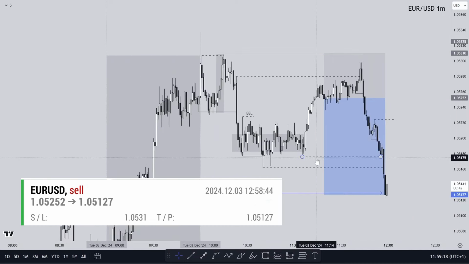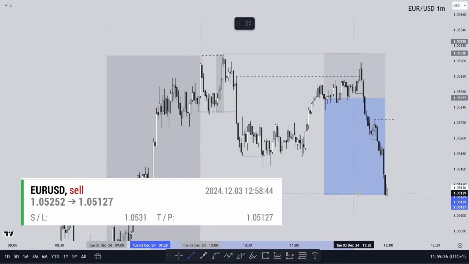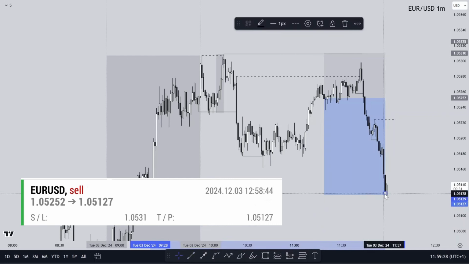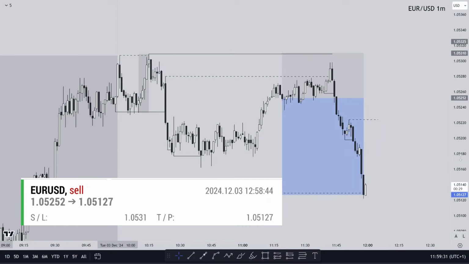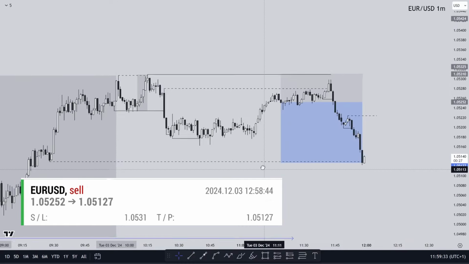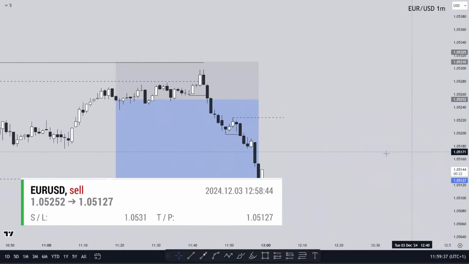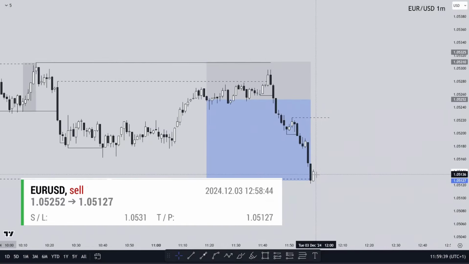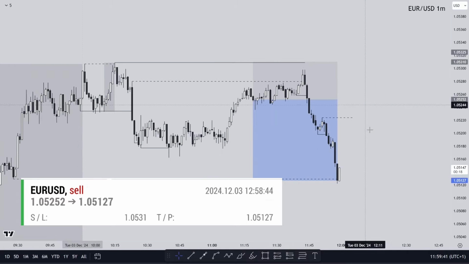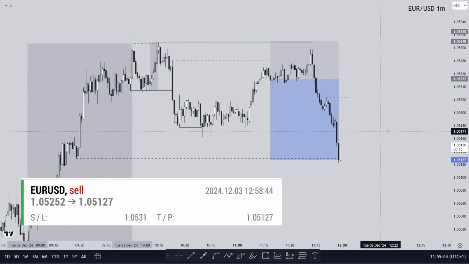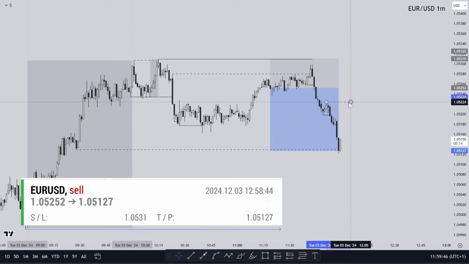Now for the future, what can happen? A kind of reaction from this level, that is my TP, and then two things could happen: a new movement to the upside, continuation, or a rejection from this level, exactly as this one did.